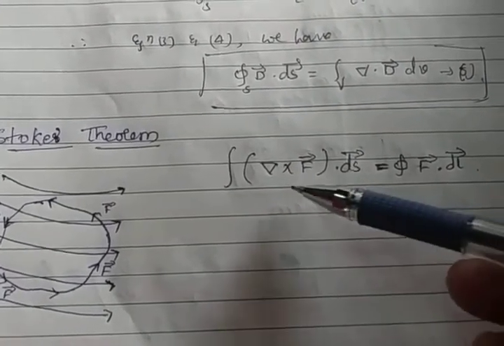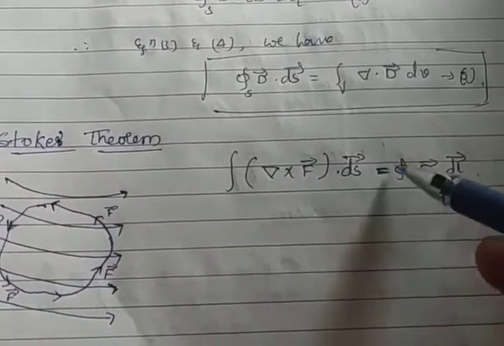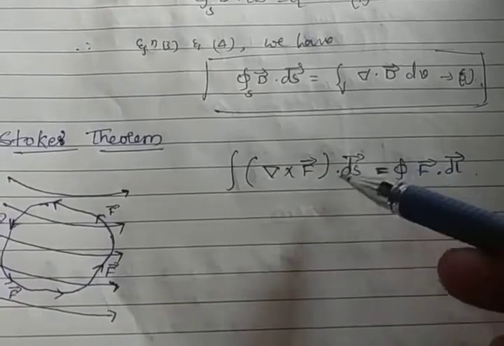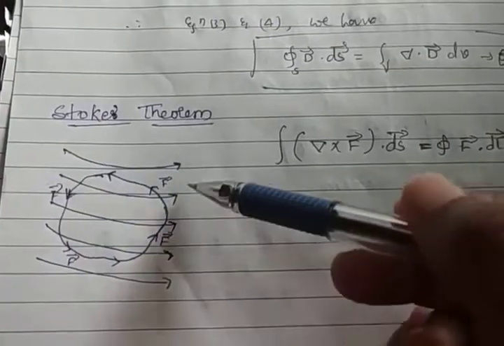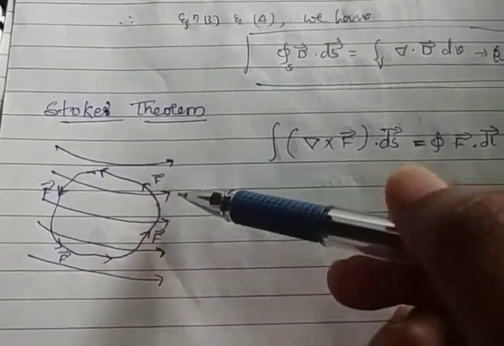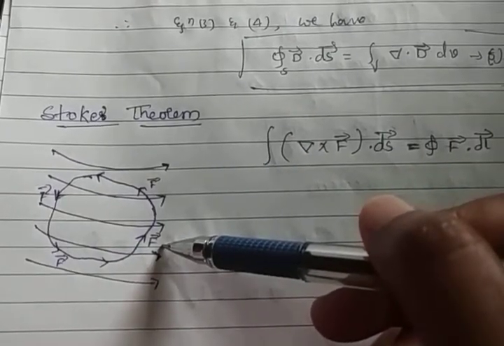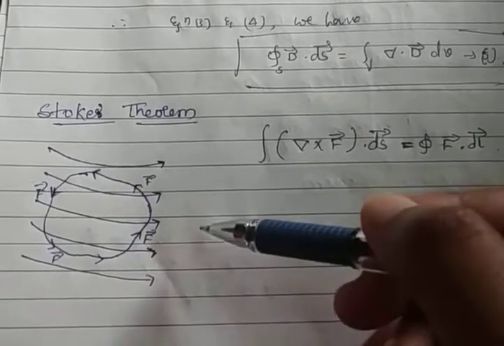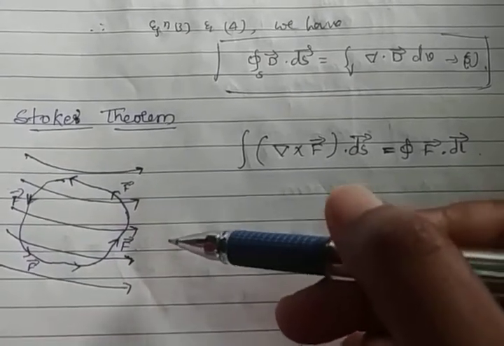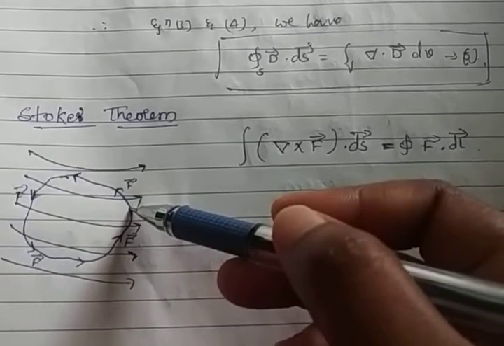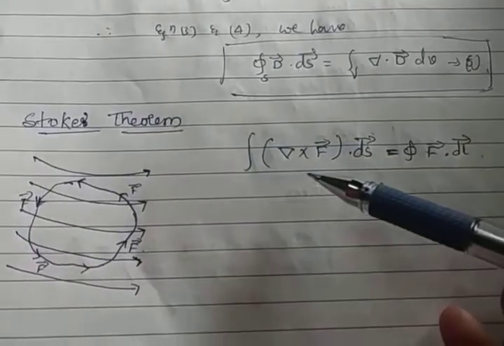If we consider the curl, meaning the circulation of the vector F at each point in a vector field, and sum up all those curls within any chosen surface, the sum will be equal to just the circulation of vector F around the boundary of the closed surface. So this is the Stokes theorem equation.